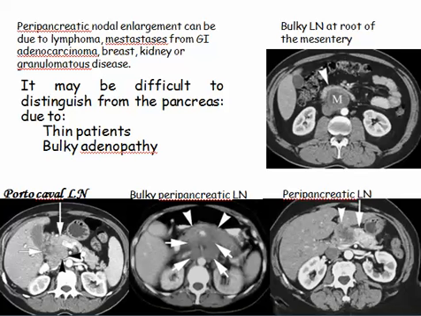Peripancreatic nodal enlargement could be due to lymphoma, metastasis from gastrointestinal adenocarcinoma, from breast, kidney, or from granulomatous disease. It may be difficult to distinguish from the pancreas in thin patients or with bulky adenopathy.